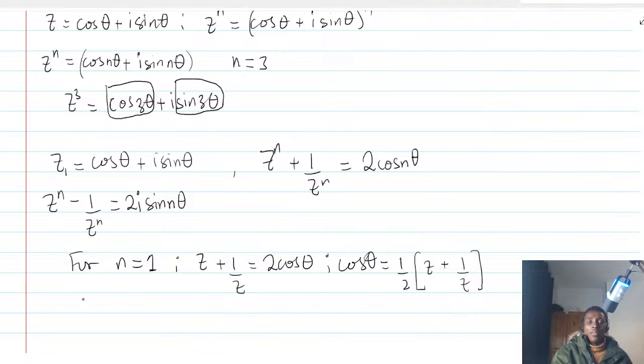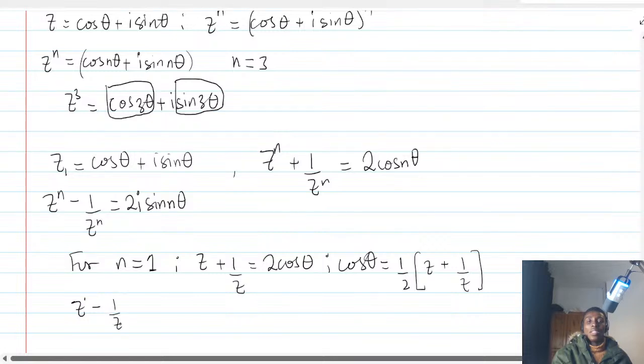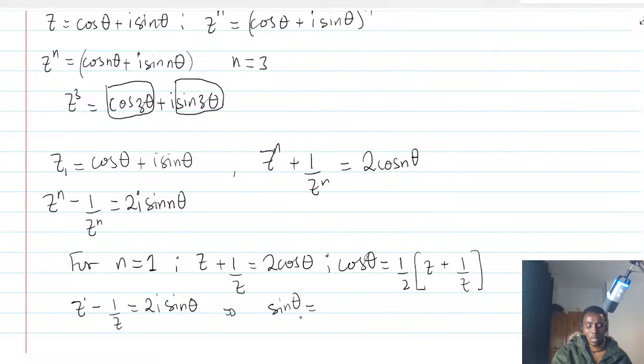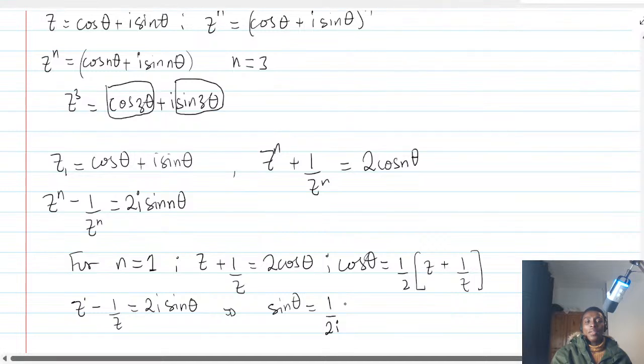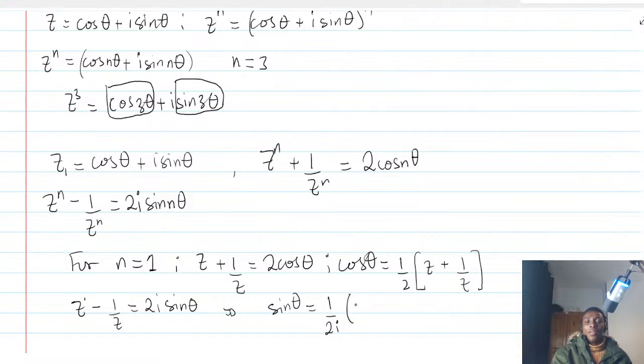And z minus 1 over z will be 2I sine theta. So we can also say that sine theta is 1 over 2I multiplied by z minus 1 over z.